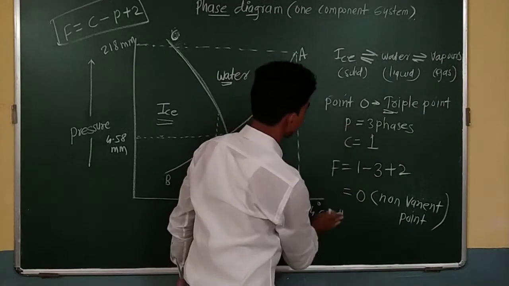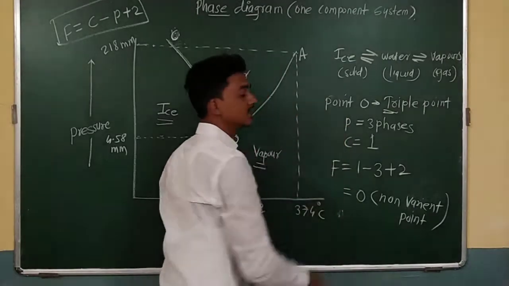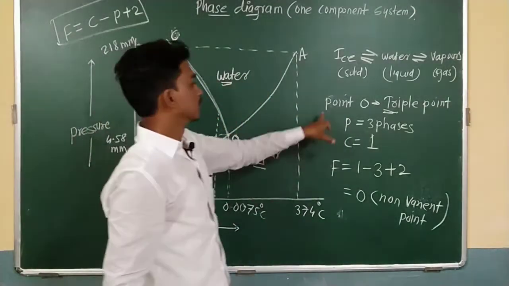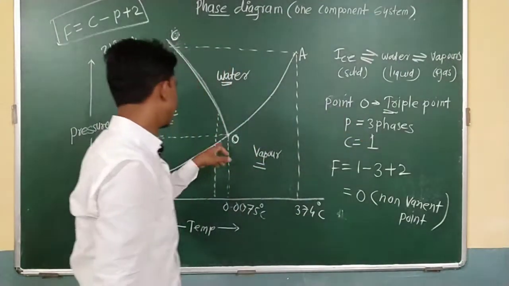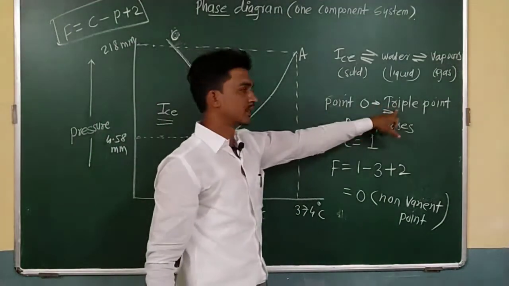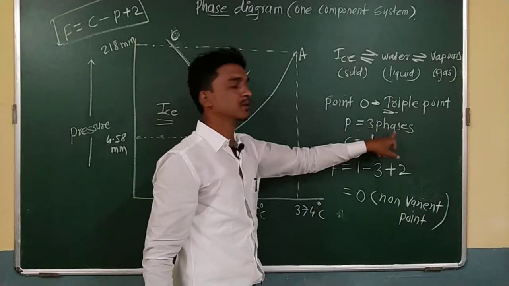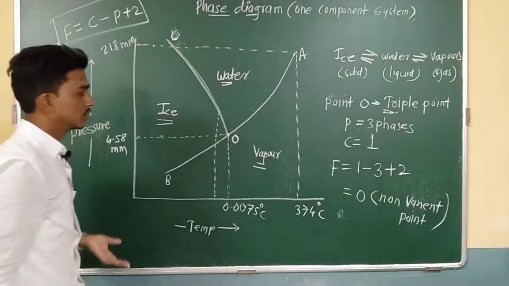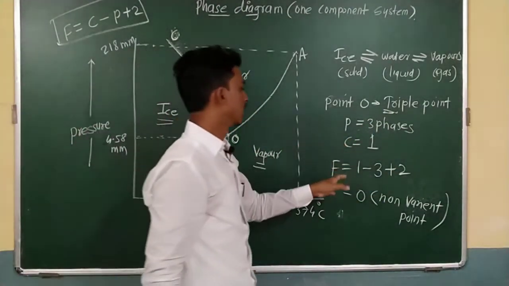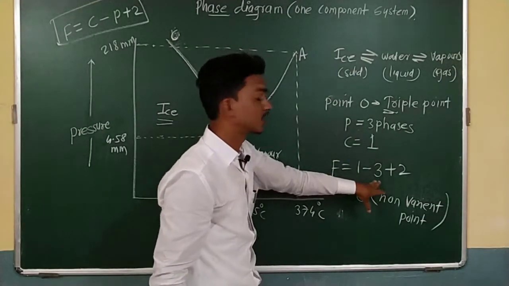You have to write all these things point-wise. The point O is known as the triple point. At that point there are 3 phases and 1 component, and from that we calculate the phase rule.